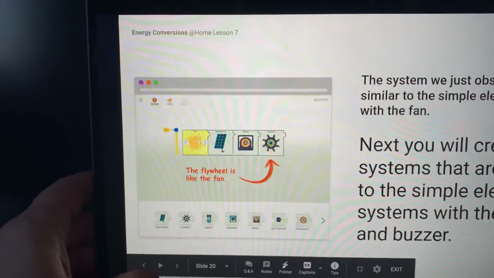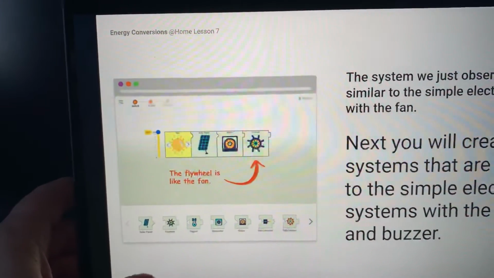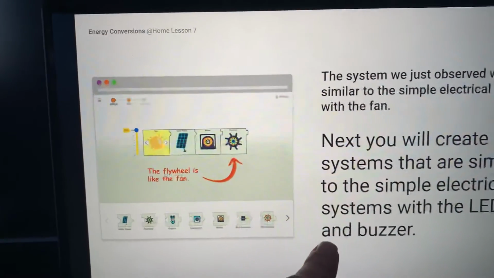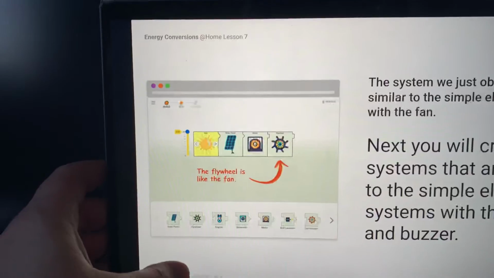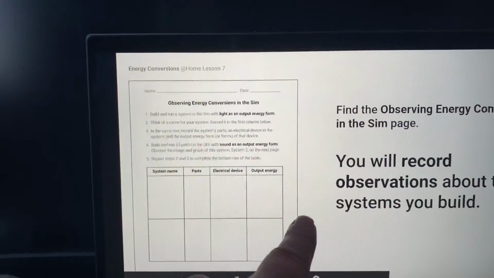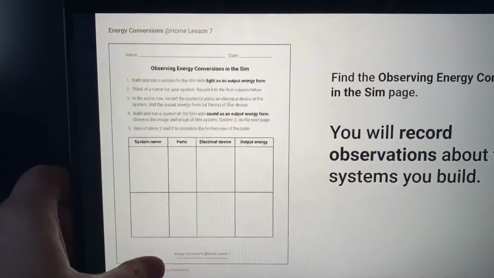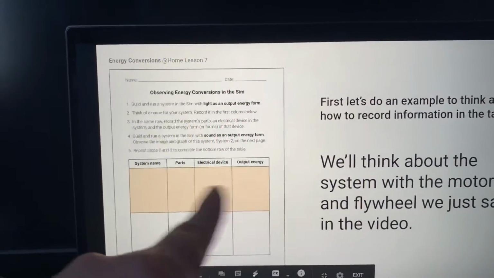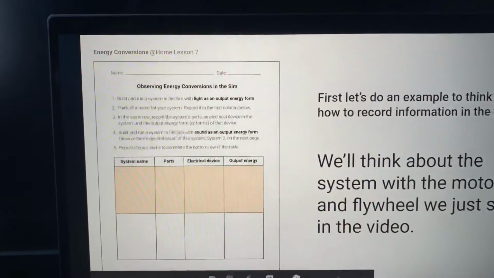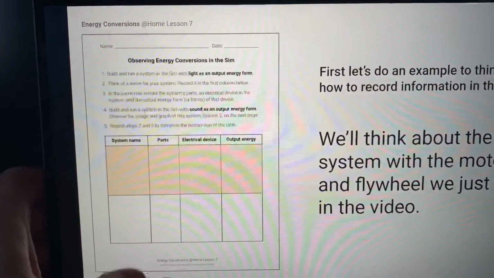So you're going to work with the sim. You're going to create your own system that's similar to the simple electrical systems with the LED and the buzzer. You're going to use the online simulation, and you're going to be filling out this chart. You're going to record your observations about the system that you built. We'll think about the system with the motor and the flywheel we just saw as an example.